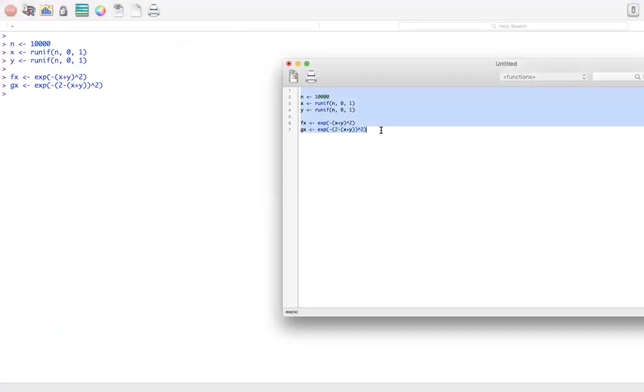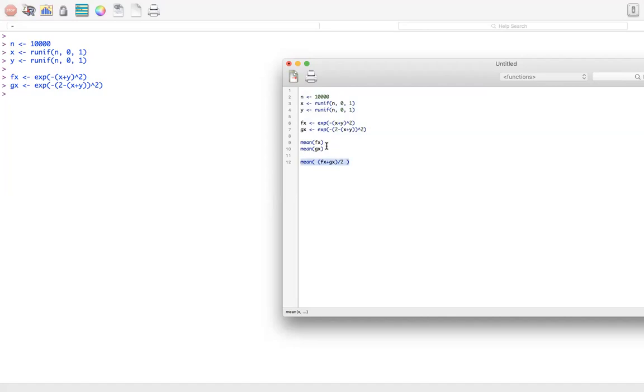You can find the mean of fx and the mean of gx; these are the separate estimators. Then of course you can find the average, fx plus gx divided by 2. That is the estimator using antithetic variables.